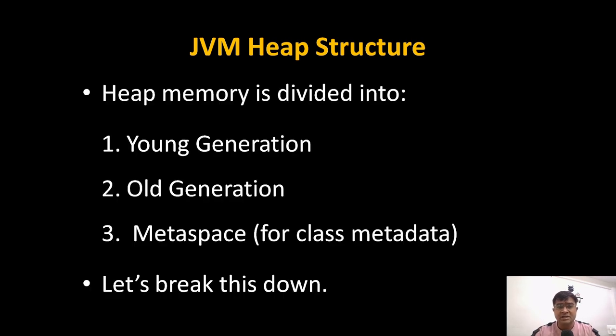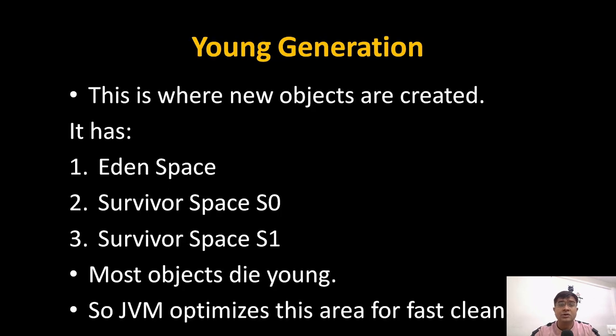So let's talk about the JVM heap structure. I've already told you, it's divided into different sections. You have young generation, you have old generation, you have Metaspace for class metadata. So let's break this down. Let's talk about the first, that is young generation. This is where the new objects are created. Young generation is an area where the new objects are created.